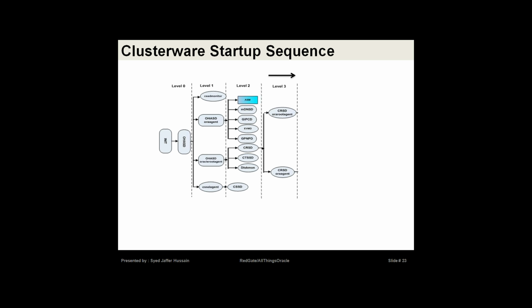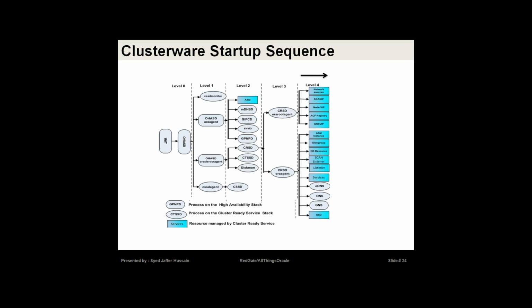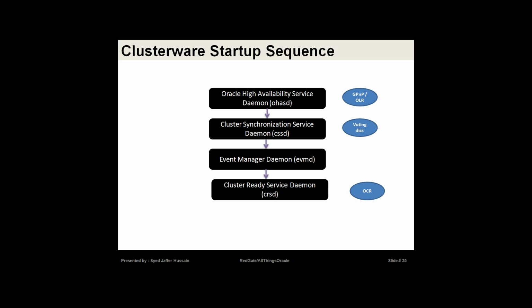As I told you earlier, OHASD and CRSD own a set of agents, Oracle root agent and Oracle agent. CRSD then spawns two more agents, and these two agents bring up the cluster resources, your database, listener, and all other stuff. So this is the broad picture of the startup sequence.